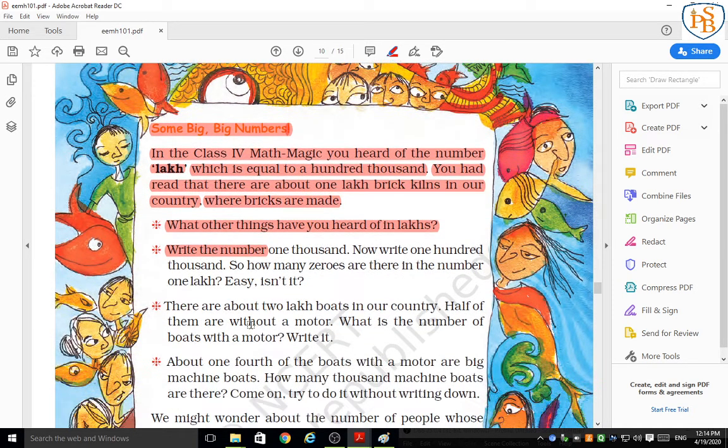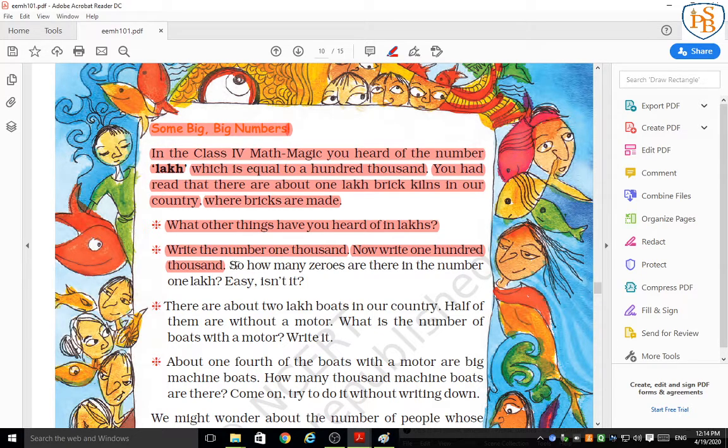Here again we have one task: you have to write 1000. Students, just write 1000 in your notebook. Okay. Now write 100,000. We already learned the place values: ones, tens, hundreds, thousands.